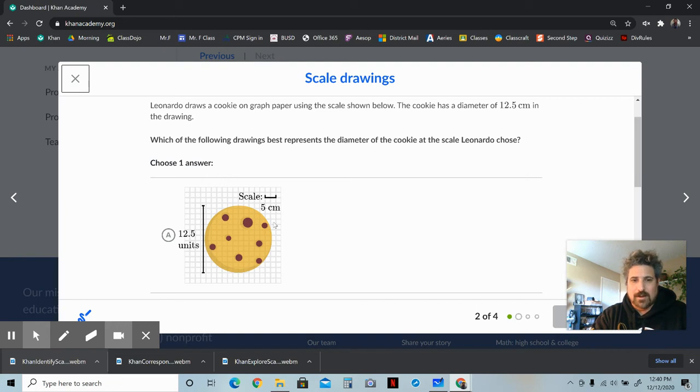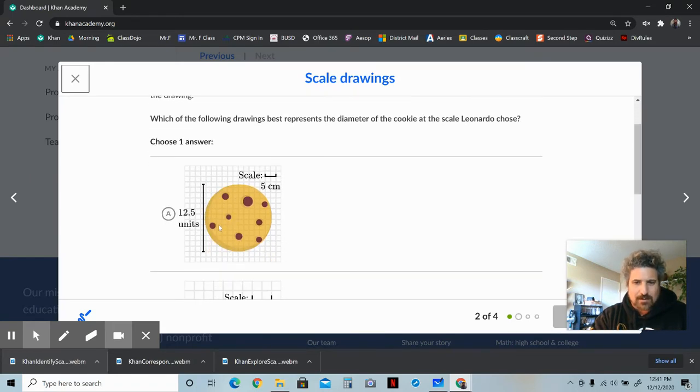Well, if we look at the scale on this drawing, 2 lengths is equal to 5 centimeters. So every single length is equal to 2.5 centimeters. Is there any way in which this number of lengths would be equal to 12.5 units? I'm not even sure what the units mean here, but let's take a look.